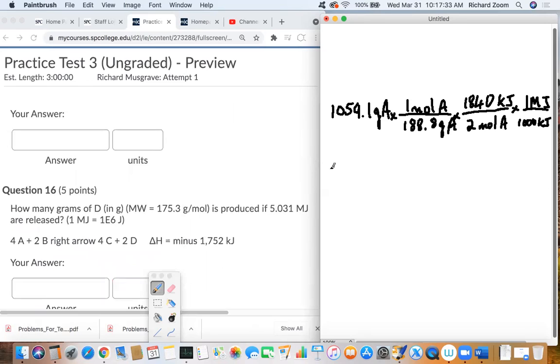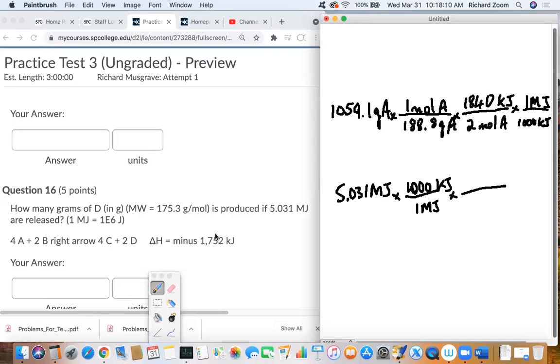Now the reverse problem here, what if we have 5.031 megajoules and we're trying to get to grams? Well, we've got this in megajoules, so we may as well just do the same thing here. We'll do 1 megajoule down the bottom, 1,000 kilojoules on top. And again, we've got this relationship here.